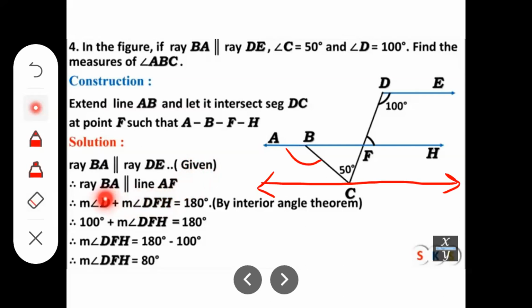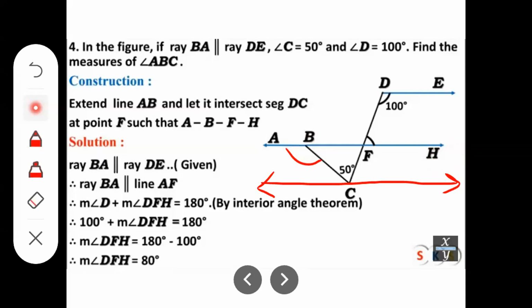Now BA is parallel to line AF, that gets extended. The segment gets extended here. That is similar: BA means that is AF. You can also extend it up to AH. Those are the same lines.